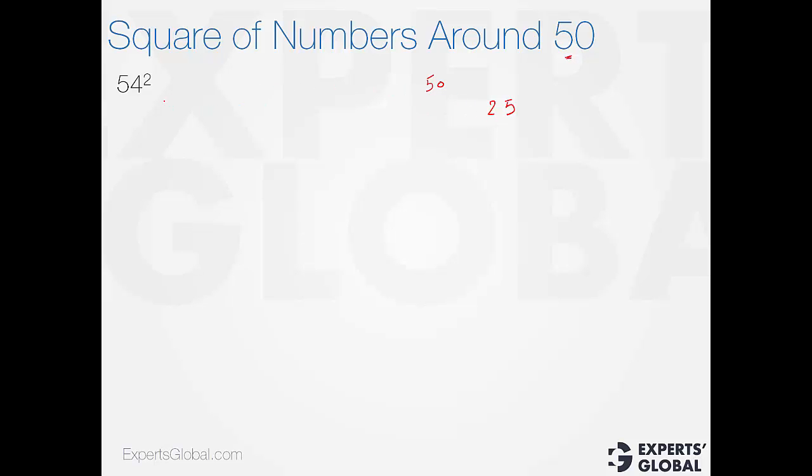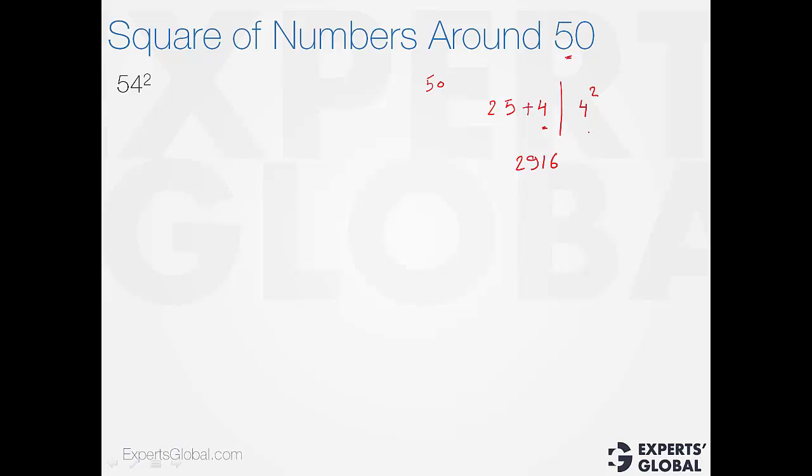It's 54. It's 4 more than 50. So we have a plus 4 with 25. And on the right side, we have the difference is 4. So we have 4 square on the right side. Answer would be very quickly 2916. The shortcut is 25 plus the difference and then difference square.